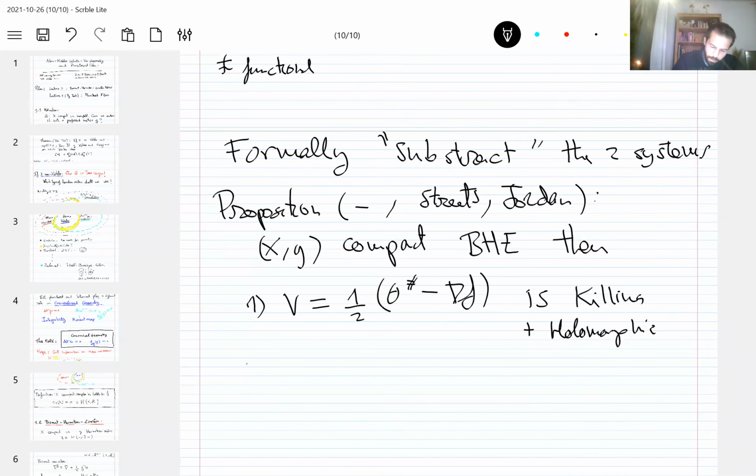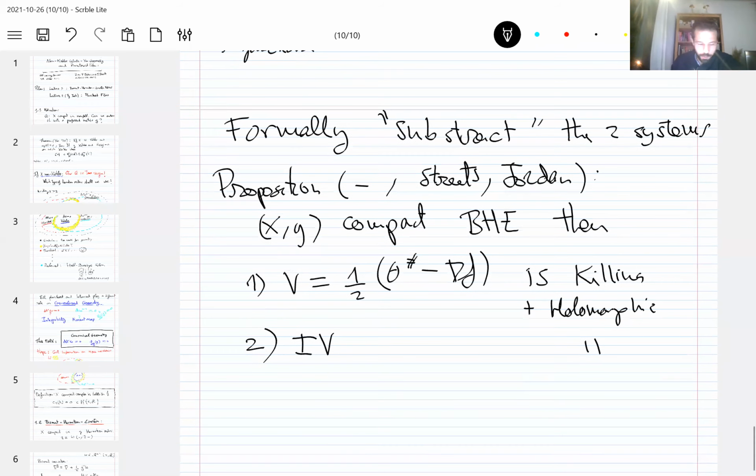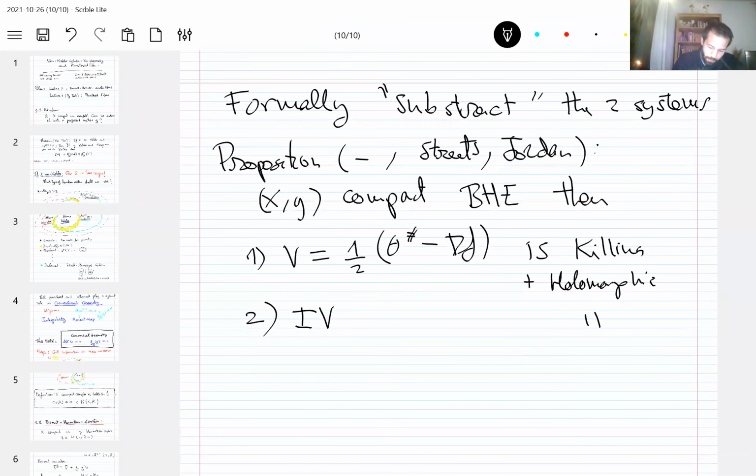Two, furthermore, IV is also Killing and holomorphic. So this is a pretty strong condition. And three, a half of d theta minus i_V H equals 0.